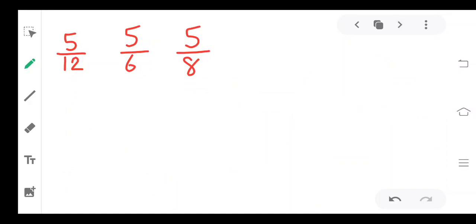Students, here is one more hint for you, from a definition we already learned: when the denominators are different but the numerators are the same, the fraction with the smaller denominator is greater. So you have to do this sum at home for your practice.